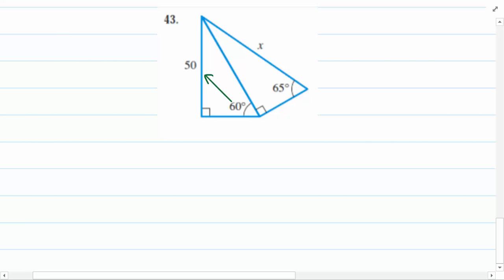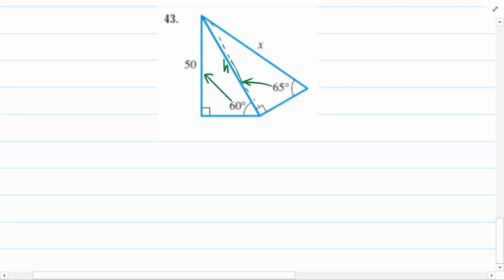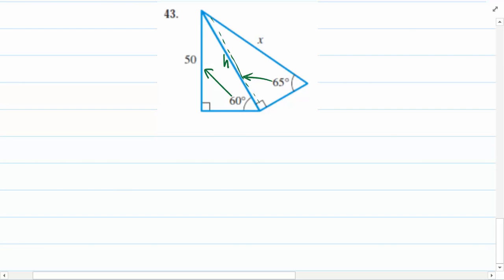We might be able to use this opposite side to find our hypotenuse, and then that hypotenuse becomes the opposite side of our next triangle with 65 degrees. So 65 degrees and this opposite side, which was the hypotenuse of our previous triangle, would allow us to find the hypotenuse of the final triangle over here, which would be letter X.